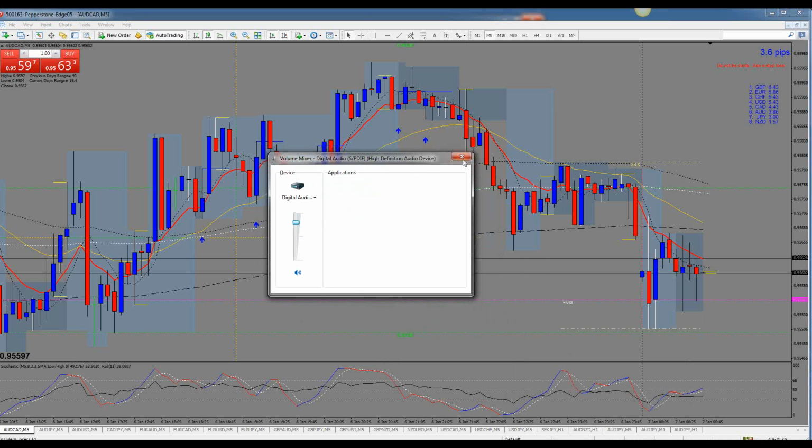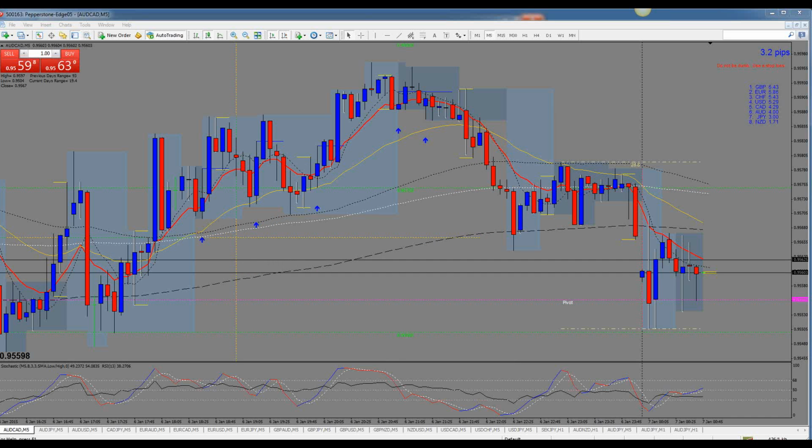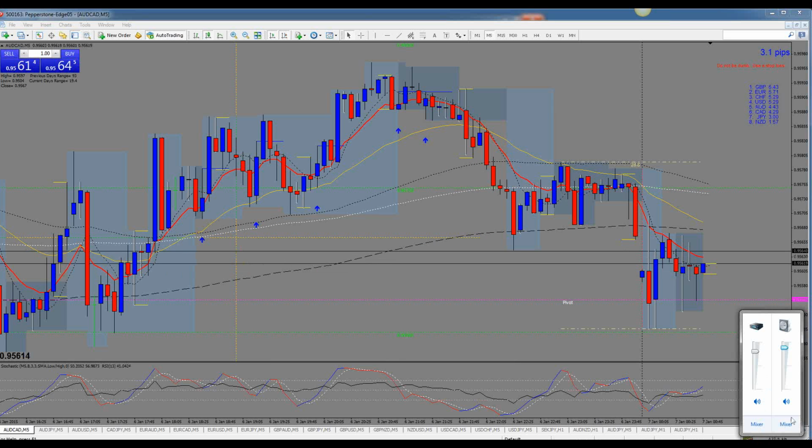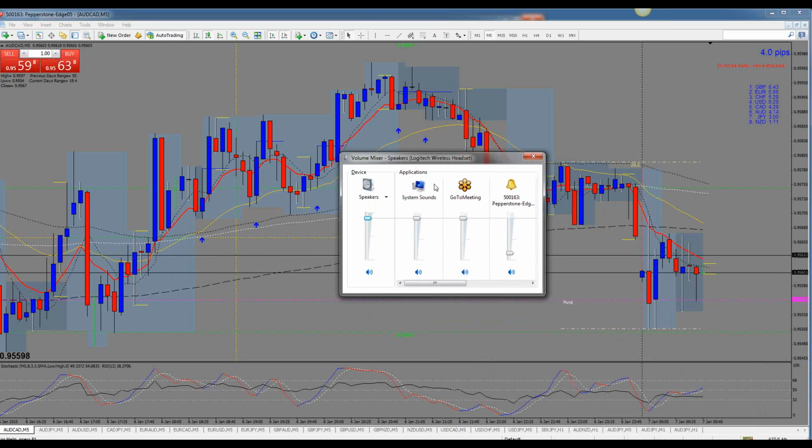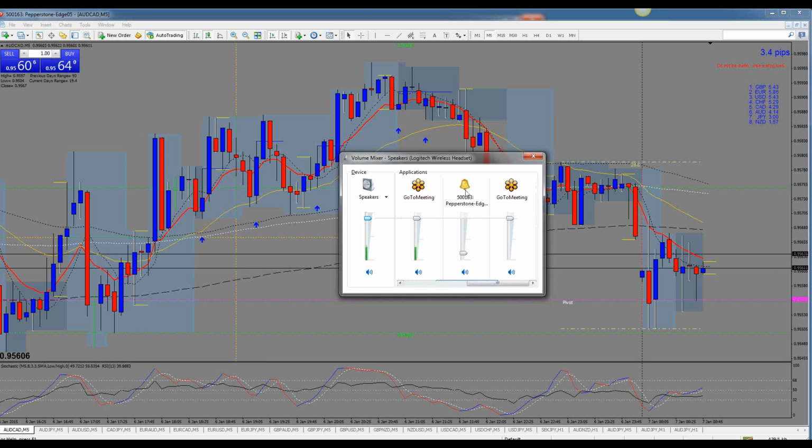So applications, system sounds. Yeah, you can do that. Here we are, volume sounds here, so you can turn off your alerts right here, if you're seeing my screen. You can turn them off, or you can minimize. Okay. Cool. I'll do that. Where did you do that at again? How'd you find that? That's just down in your sound speakers, down in the bottom.